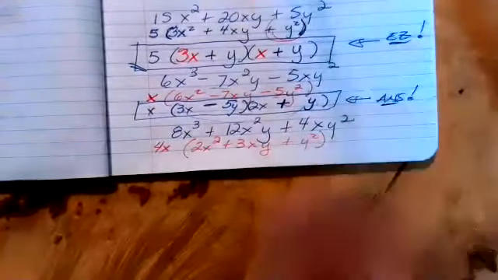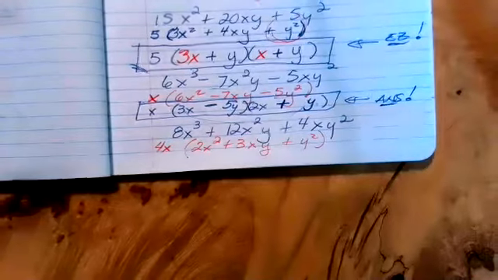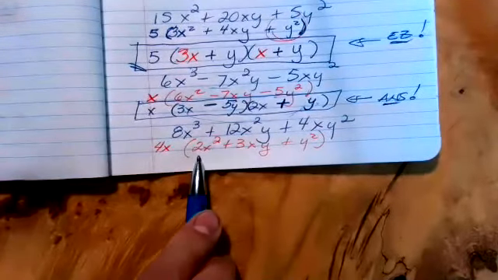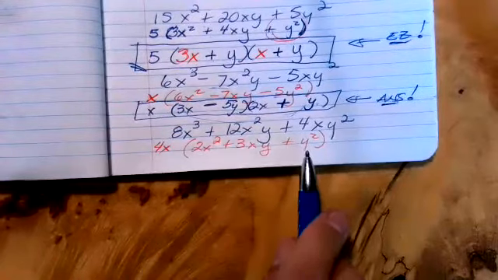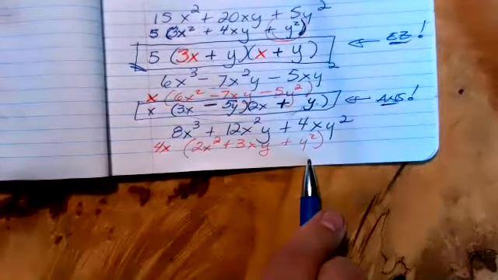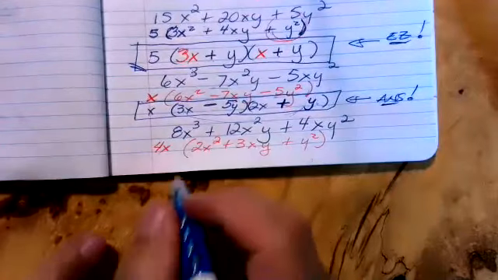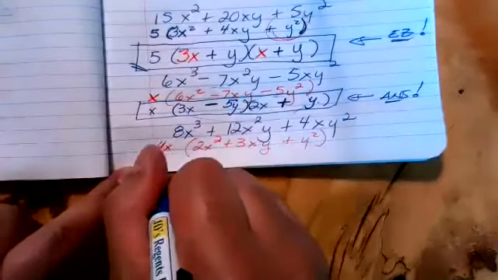I will leave it on a high note because once again, we have a prime value here. The only thing that multiplies to 2 is 2 and 1. And the only thing that's going to give us y squared is y times y. So this is an awesome problem.